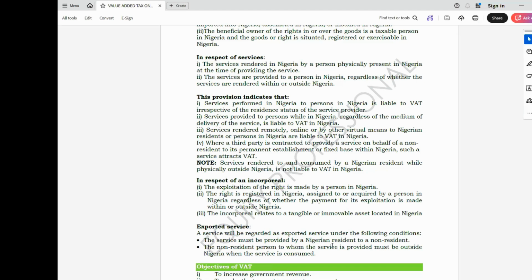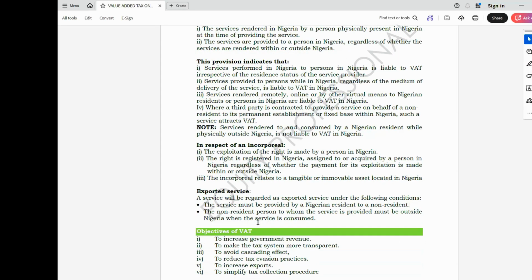The service must be provided by a Nigerian resident to a non-resident. The person you are providing that service to is not a resident of Nigeria and does not have a permanent establishment in Nigeria. The non-resident person to whom the service is rendered must be outside Nigeria when the service is consumed.